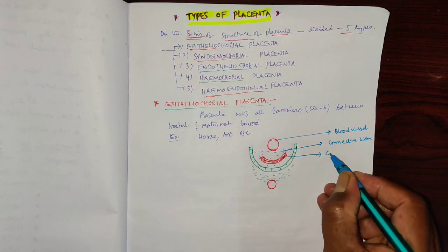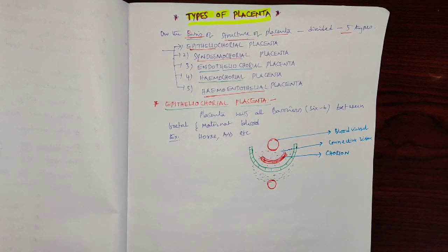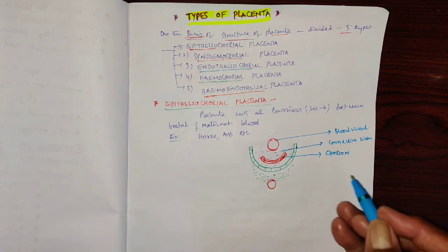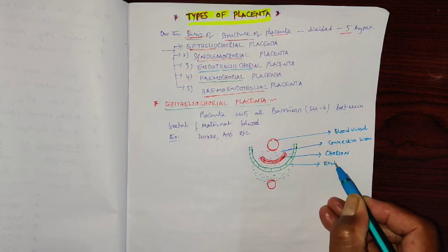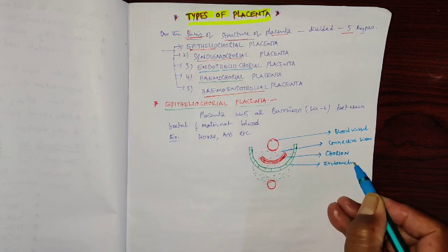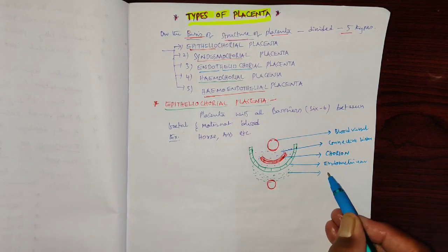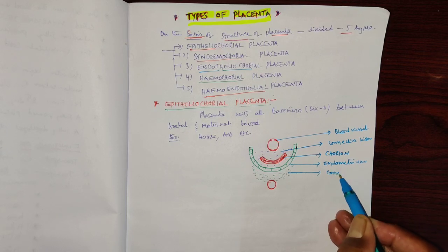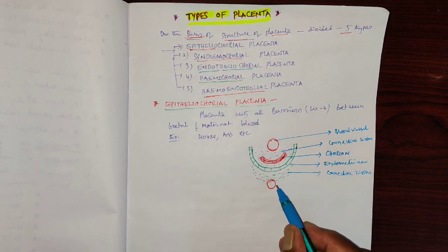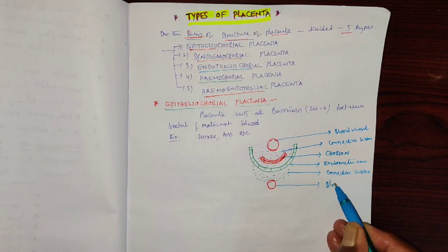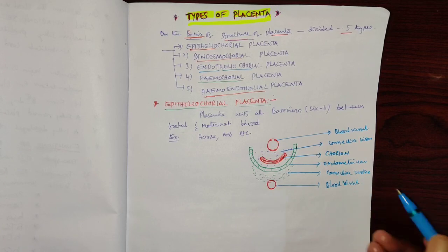This is chorion of fetal, and this is endometrium of maternal, connective tissue of maternal, blood vessel of maternal.